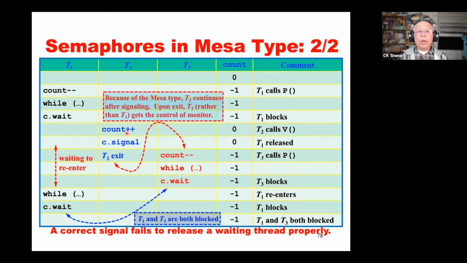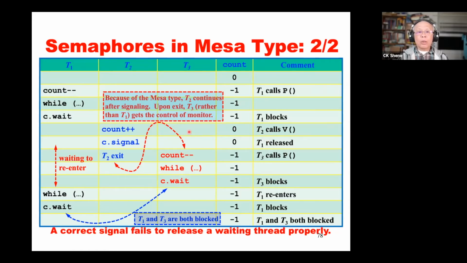T2 adds 1 to count, making the new value of count 0. Right after that, T2 signals the condition variable, and T1 is released because this is a Mesa monitor. T1 being released does not mean T1 could get the monitor.